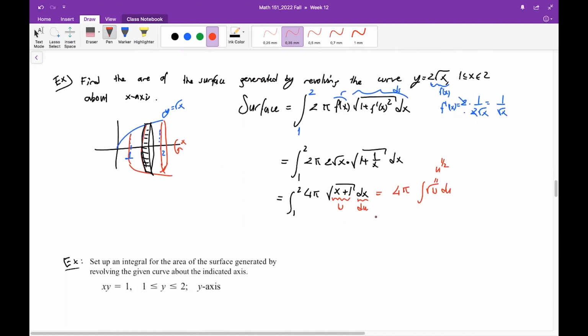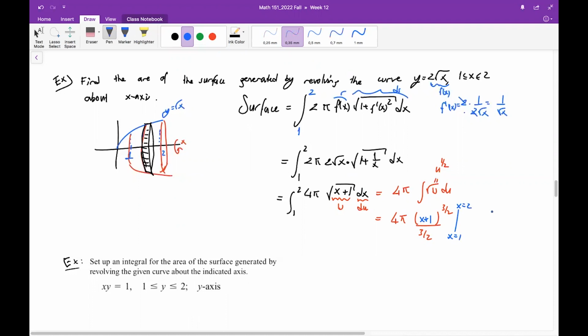Okay, this is 4 pi. What is the integral of u to the power 1 over 2? It is u to the power, add 1 to the power, divide by the same power, and then you will do your back substitution. So x plus 1 was your u, and then you can insert safely the x boundaries here.